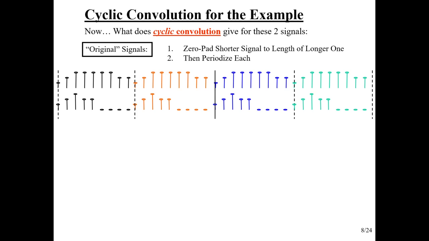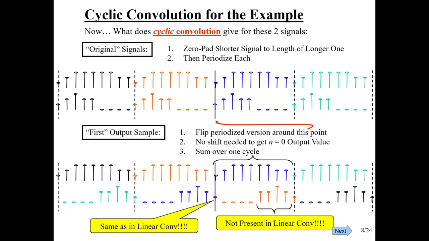I'm just defining something new, telling you how it works. Then to find our first output sample, we flip the periodized version around this point. So we could flip either one, but I'm going to flip the one that was originally shorter. It's just a little easier to see it that way.